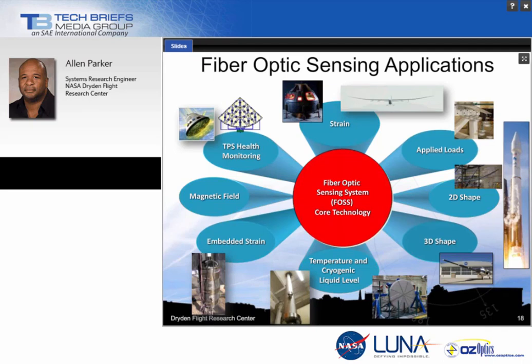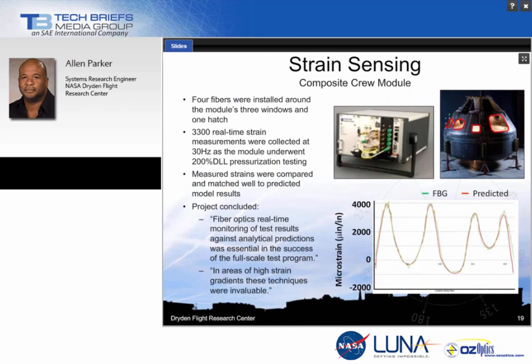As we proceed, we will transition clockwise around this flower, starting with strain. Keep in mind that all of this is made possible because of the core FOSS technology, which is at the center of that flower. Next slide.